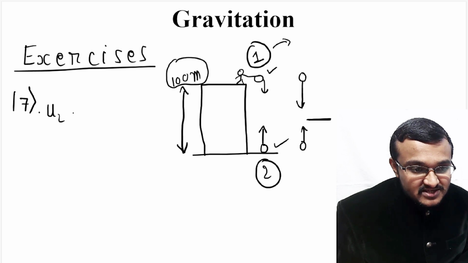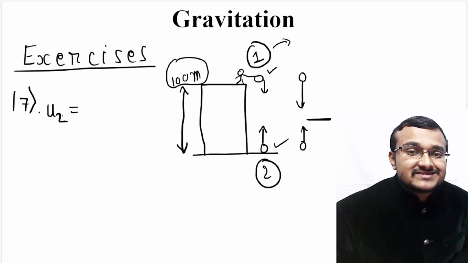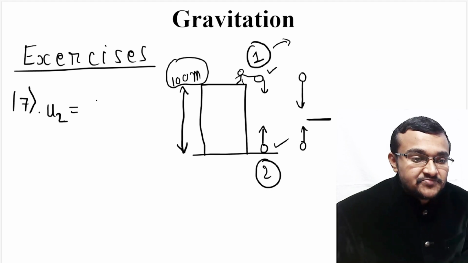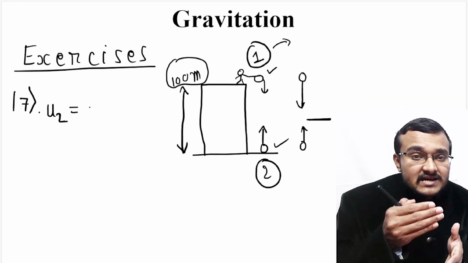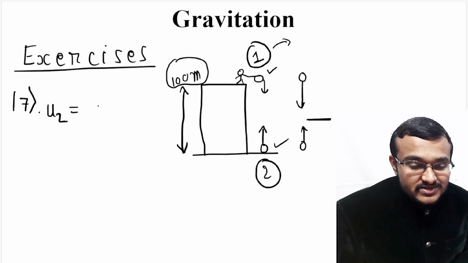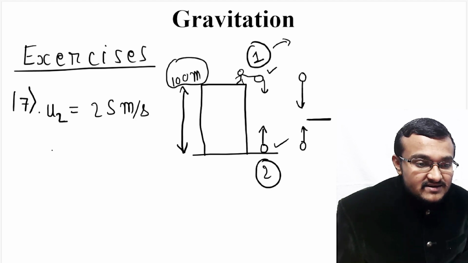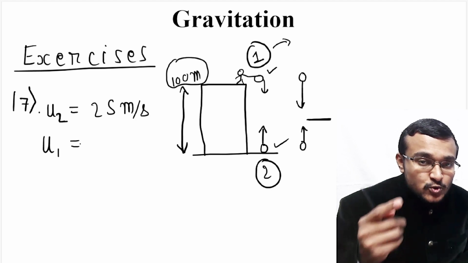So initial speed of stone 2, I am calling this as U2. U2 means initial speed of second stone, that is the stone which is thrown vertically upwards from the ground. So U2 is equal to 25 meter per second, and U1, that is the initial speed of the stone 1, is 0.